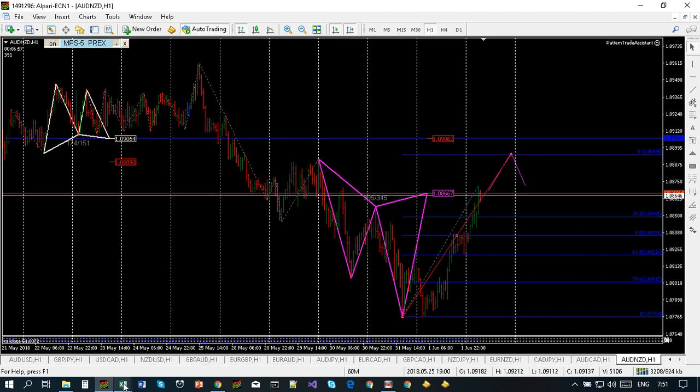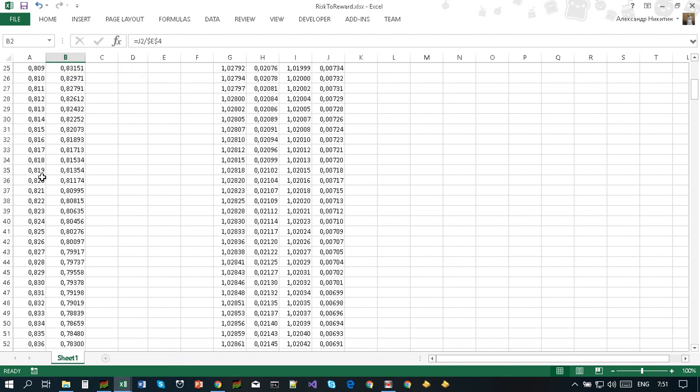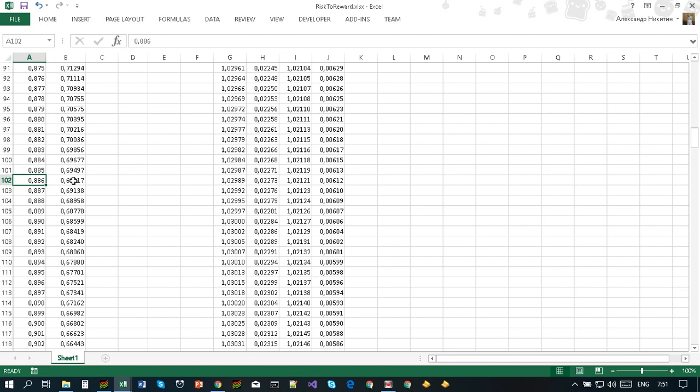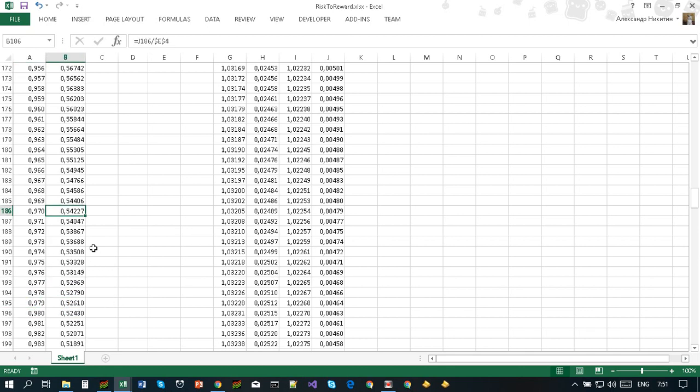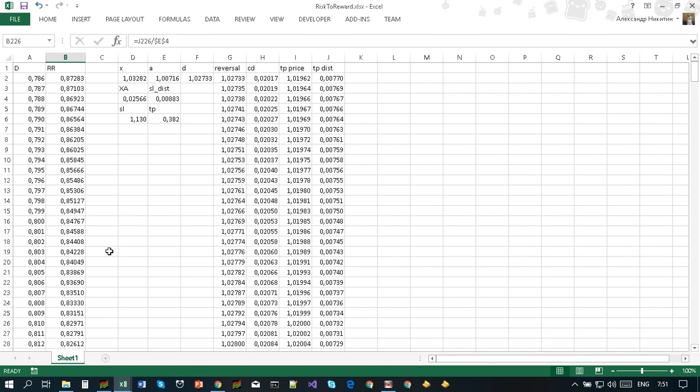Okay, and my risk to reward table says, where is this risk to reward table, that if it goes closer to 0.886, your reward becomes 0.69. If it goes even closer to X, it becomes 0.54. If it goes to 1, it becomes 0.47, and so on and so forth.